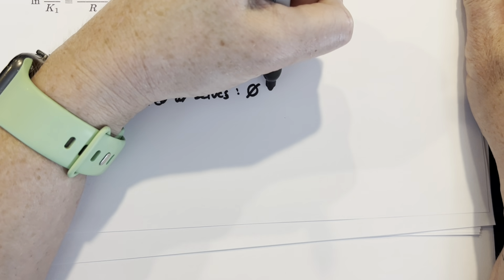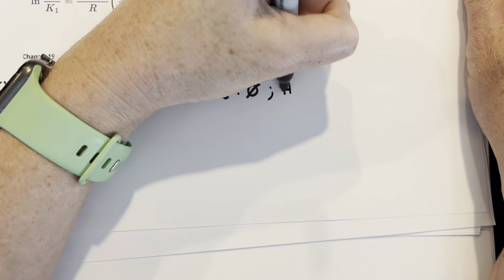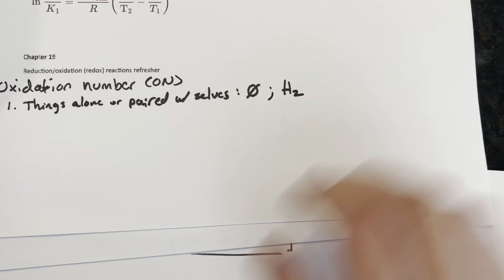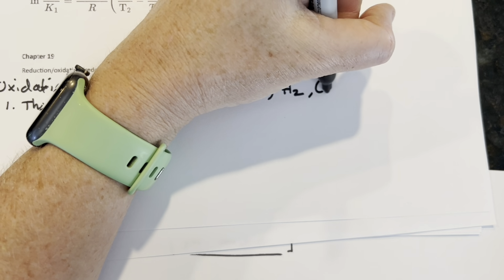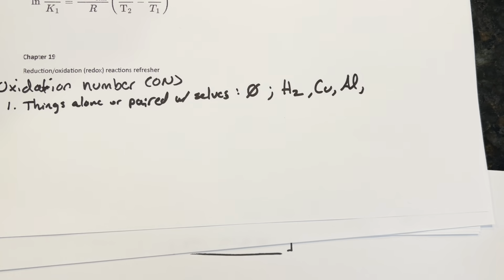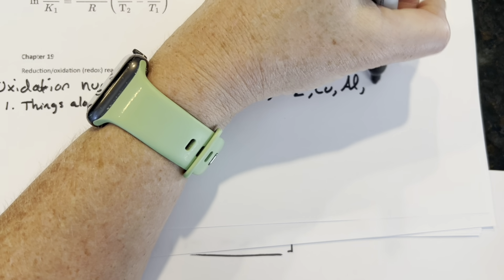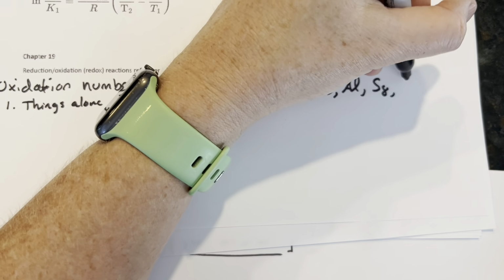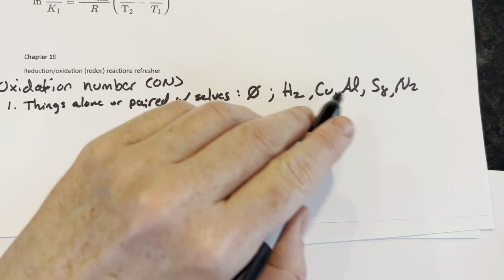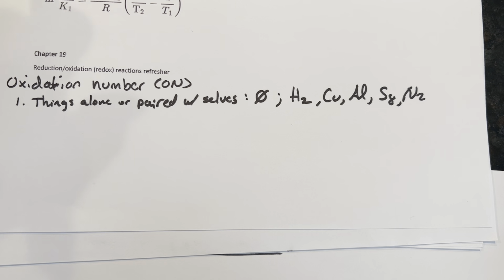For example, H2, copper, aluminum, S8, N2. All of these would have an oxidation number of 0.